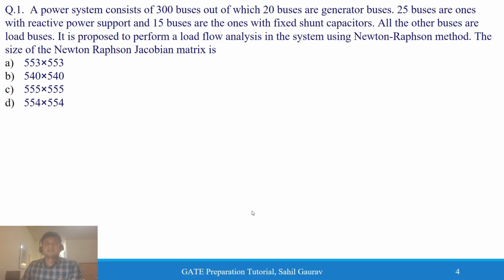Now let us solve the first problem. If you solve this problem, then most of the concepts based on the Jacobian matrix will be clear. This problem was asked in GATE 2023 and it is of 1 mark.